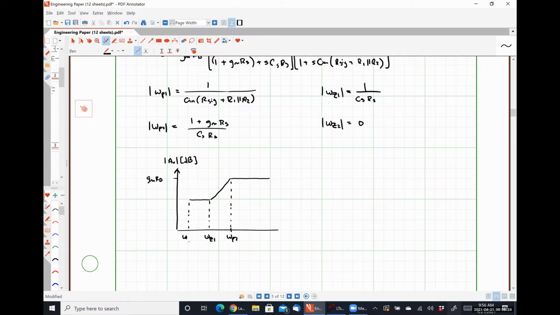At omega P2, I see another pole, so it's going to start to decay, like so. And this value right here is gm RD over 1 plus gm RS, where I have made some assumptions here, so let me state what those are.